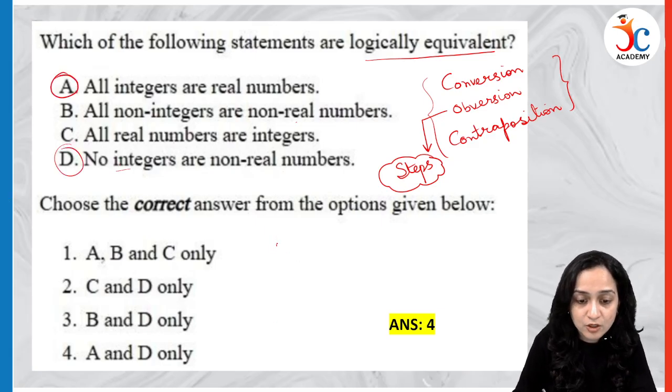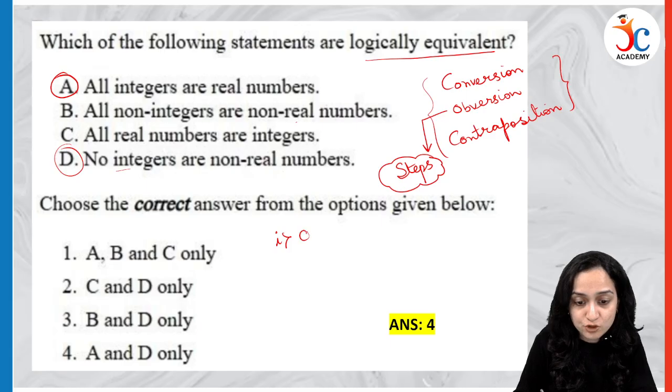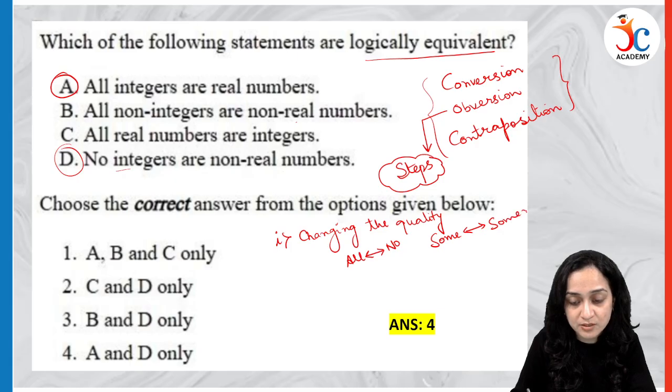logically equivalent. So steps for obversion, it includes changing the quality of the statement. If the statement is given in all, we will change it to no and vice versa. If it is given in some, it is changed to some not and vice versa.